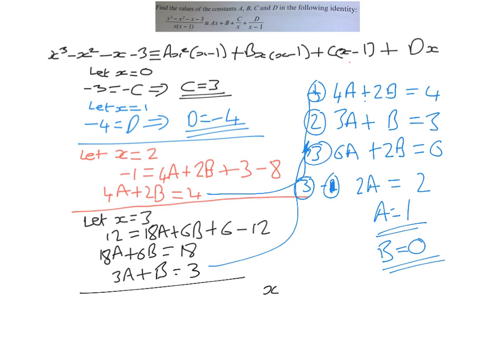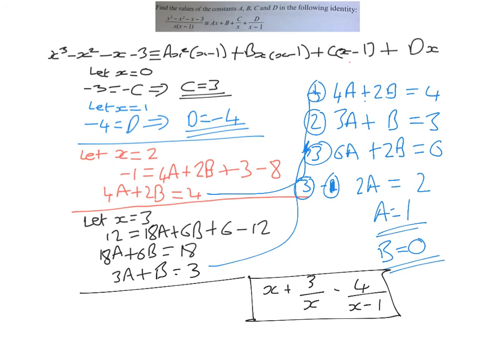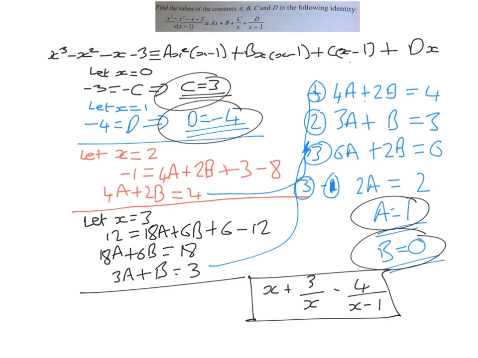C is 3, so plus 3 over x. D is negative 4, so minus 4 over x minus 1. So you can write that out at the end just to show your answer, but you've got your answers as A is 1, B is 0, C is 3, D is negative 4.